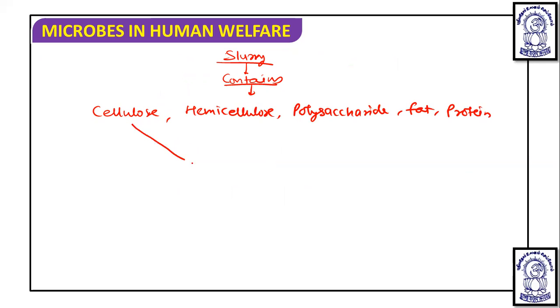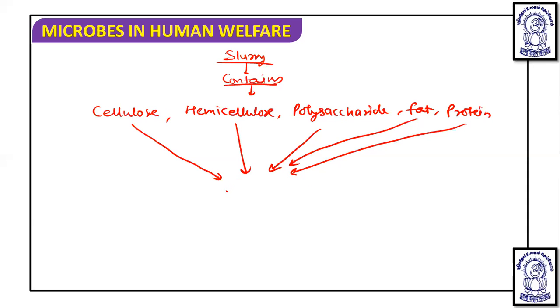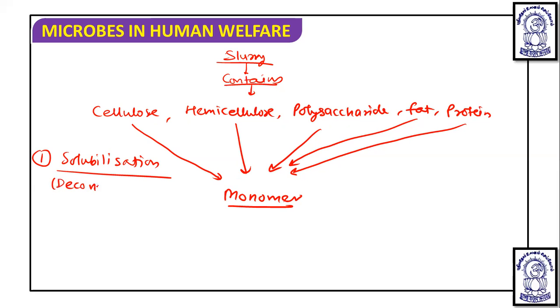Now, all this cellulose, hemicellulose, polysaccharide, fat, and protein are converted into monomers because they all are polymers. They are converted into monomers by the first step, that is solubilization, by use of decomposer microbes. So these decomposer microbes are going to produce these monomers.